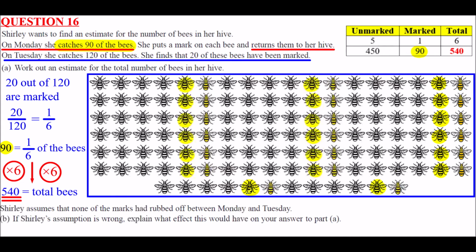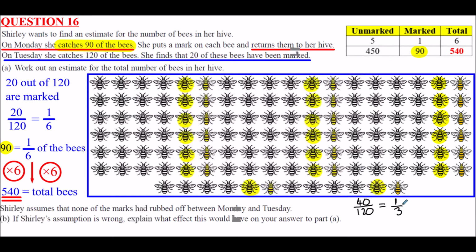So it might be that actually 40 out of 120 were marked, but then just half of them rubbed off. So let's just make up a number and increase the number she sees. So 40 out of 120, that would have been 1/3, just for example.